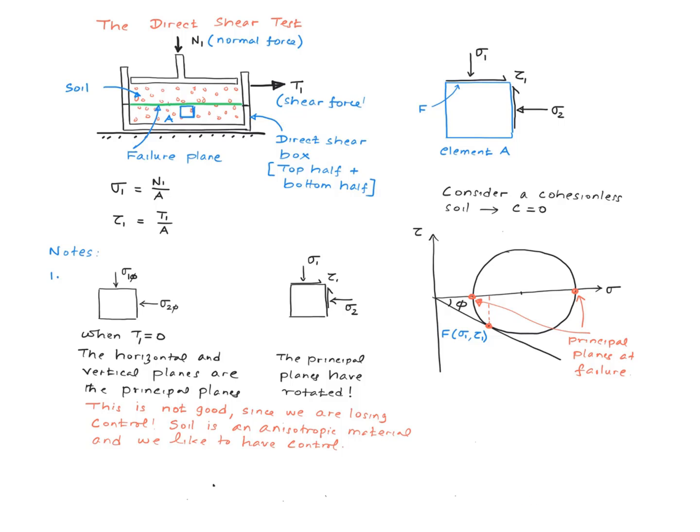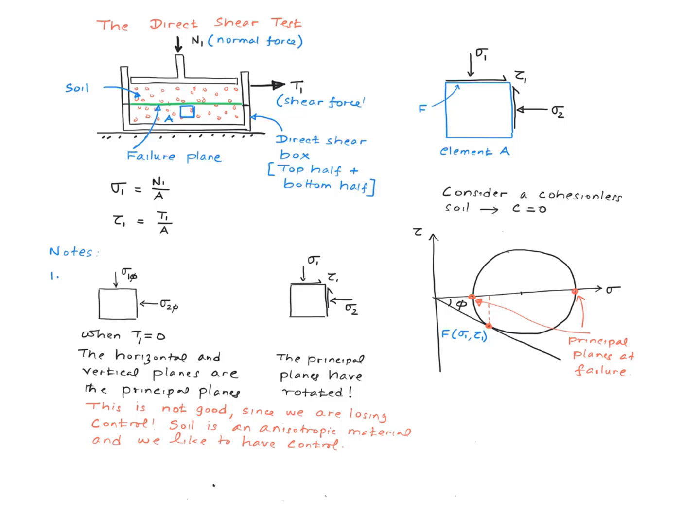So we can actually, using the principles of the Mohr circle, evaluate the direction with respect to this horizontal plane. Why is this a big deal? Well, soil is inherently an anisotropic material. When you have something like that, we like to have a control on the direction of principal loading.